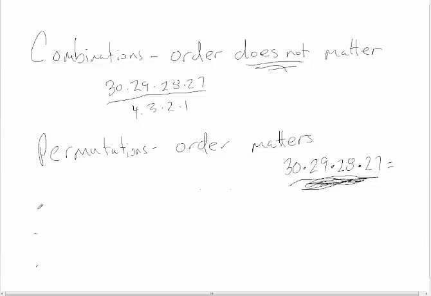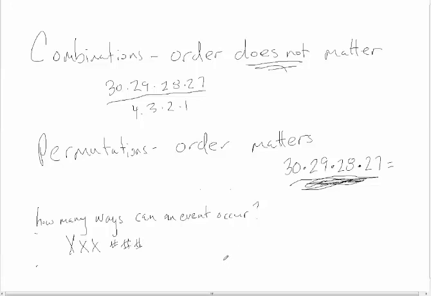So how many ways can an event occur? Say I've got a license plate. So I've got a letter, and a number and a number and a number. That's a license plate.